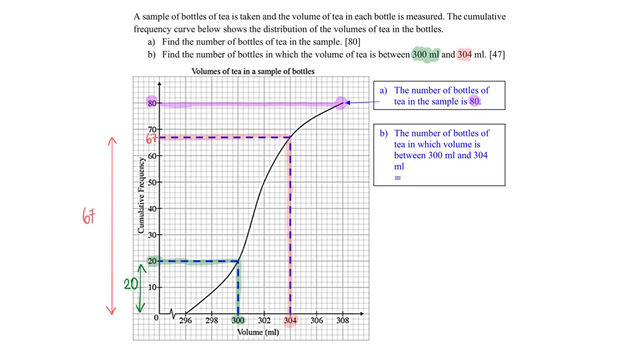Then the question comes back to here. How then can we find the number of bottles that is between 300 and 304, which is this? How then can we find this number of bottles?